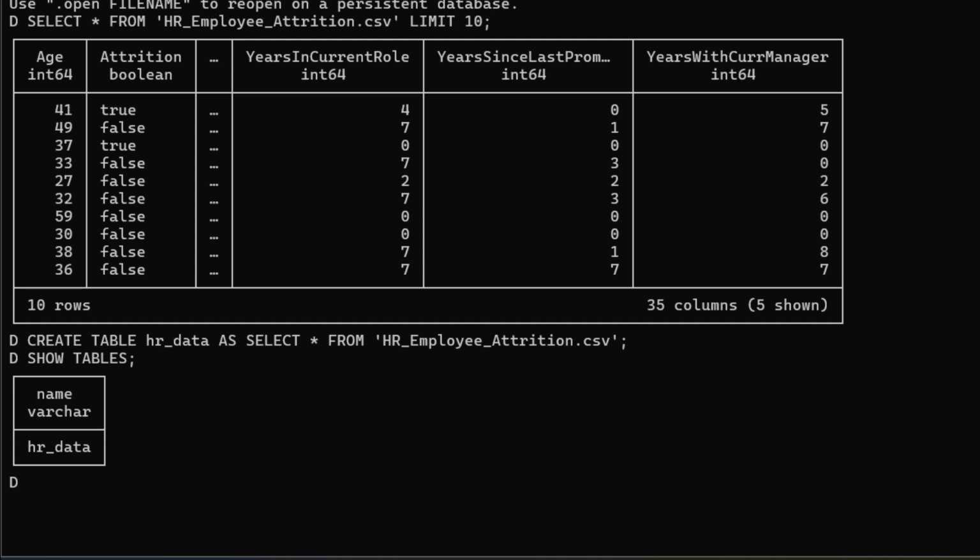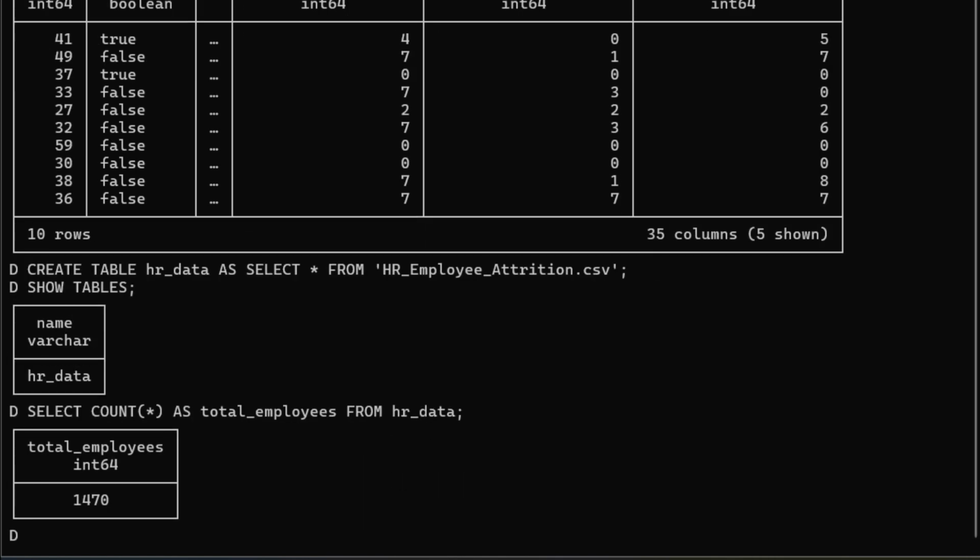So for that, let's select count star, which we can also name as total employees, from HR data. So there are about 1,470 entries. This shows us how many employees are in the dataset, and we got the result as 1,470.